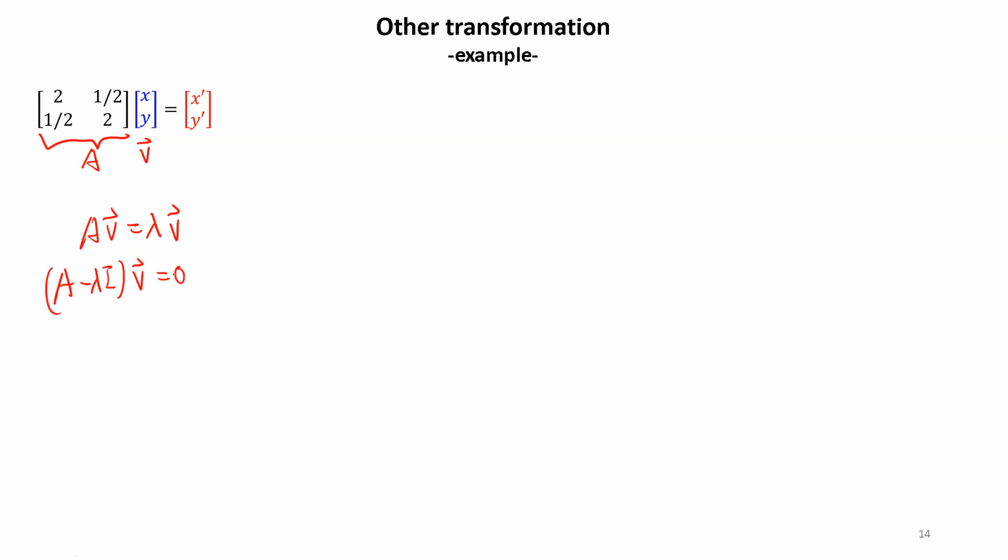I'm looking for a non-zero V vector that satisfies this system. That's why I require the determinant of A minus lambda I to be 0.